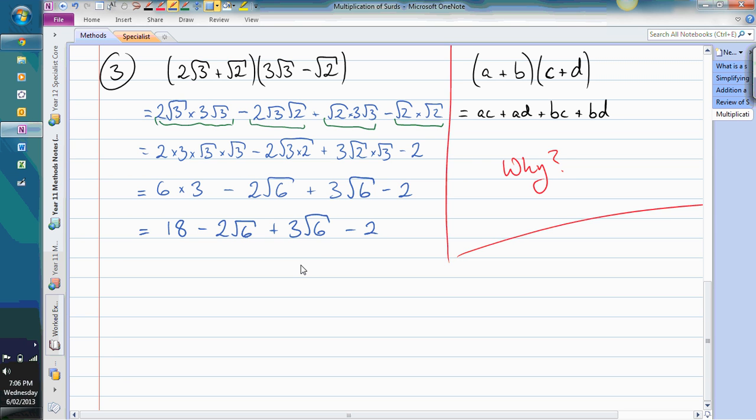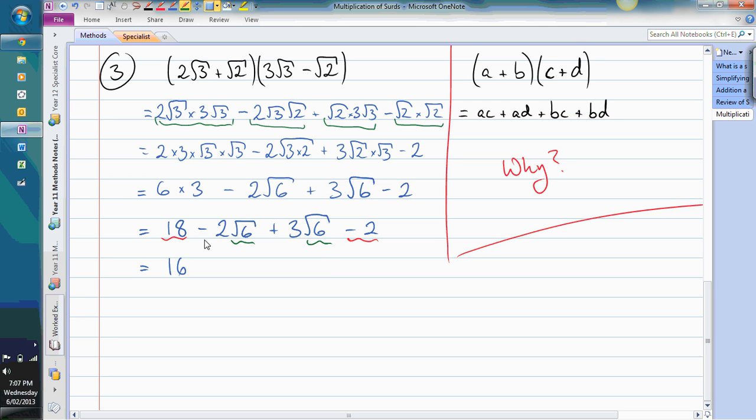And this looks just like one of the earlier addition and subtraction type questions that we were doing. So 18 take away 2. What I'm doing there is gathering my like terms. I've got a term without a surd here and another term without a surd there. 18 take away 2 is just going to be 16. And I've got a term with a root 6 here and a term with a root 6 there.